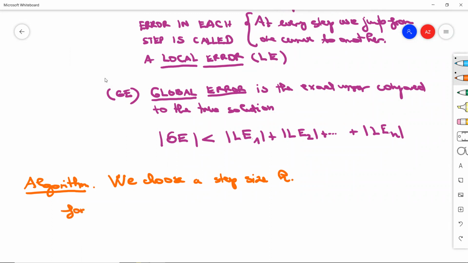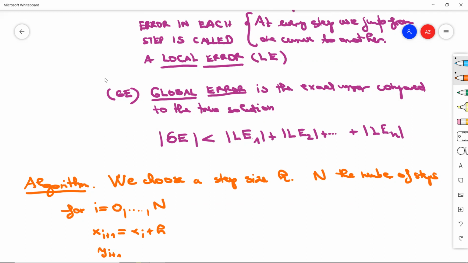So for i between 0 and, let's say that we do 100 steps, n. N is the number of steps. So for i from 0 to n, what we do, we compute x_{i+1} as x_i plus h, and we estimate the next value of y.